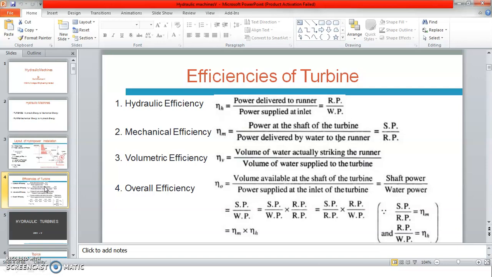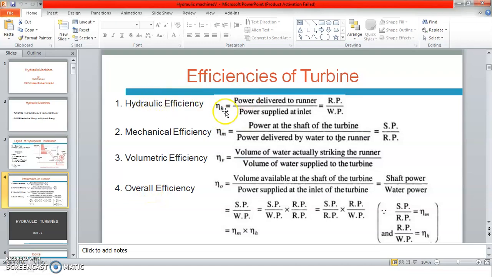So with less hard work, if he is getting better marks, then we can say that he is more efficient. Similarly, for a turbine also, we have different kinds of efficiencies, which are nothing but output upon input. There are usually four types of efficiencies: hydraulic efficiency, mechanical efficiency, volumetric efficiency, and overall efficiency.